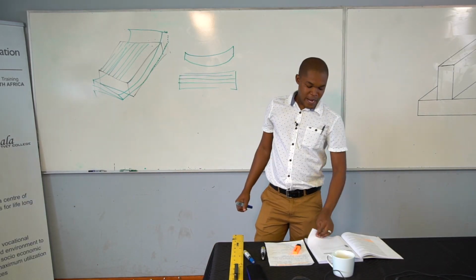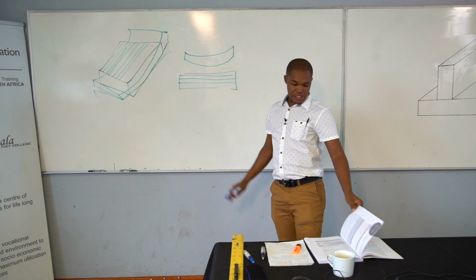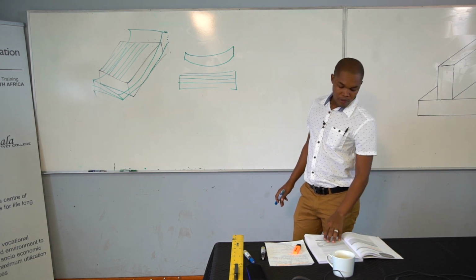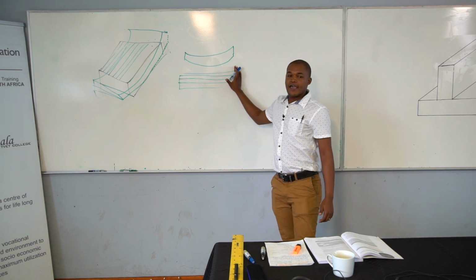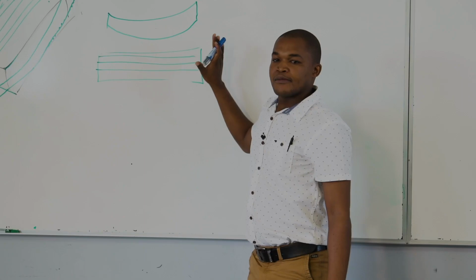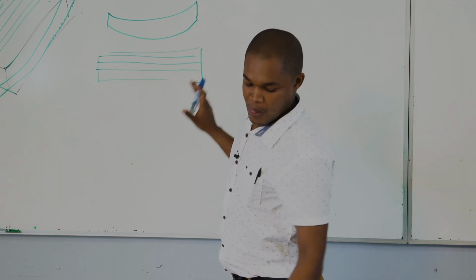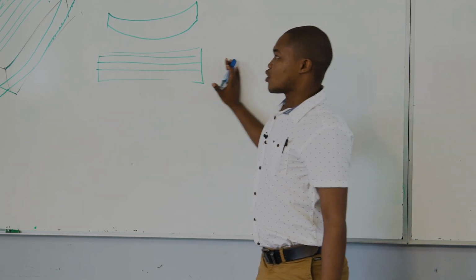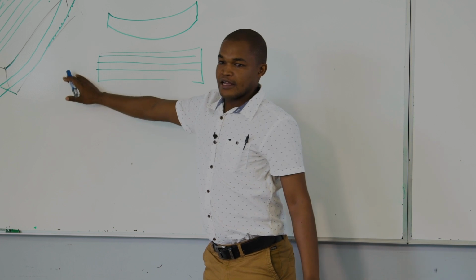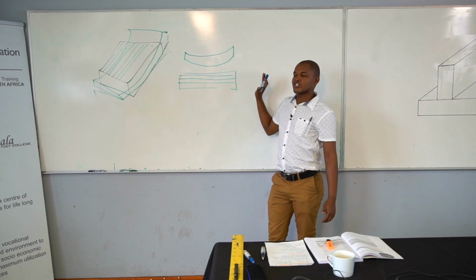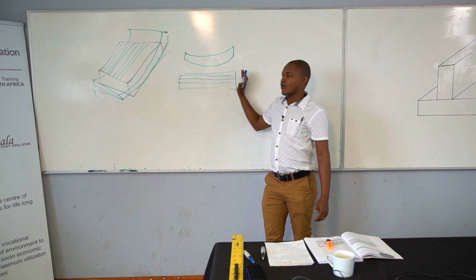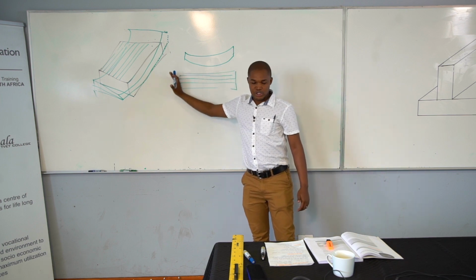So now, after this distortion, we can now talk about the types of welding joints. When you weld, each type of joint has got its own way of being affected by the distortion.